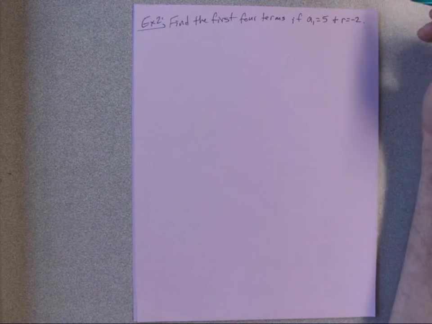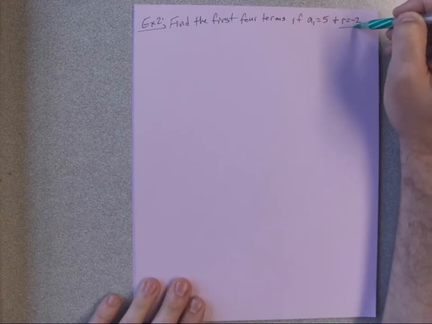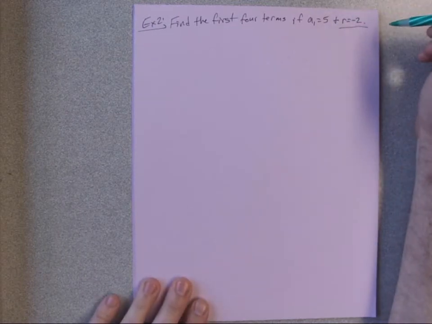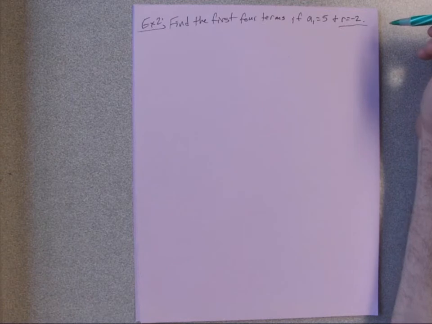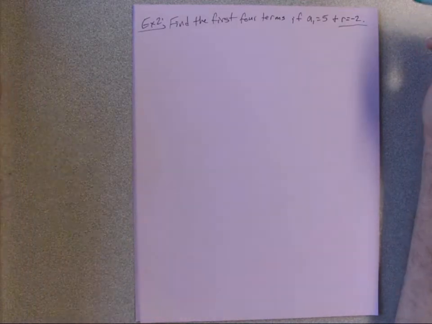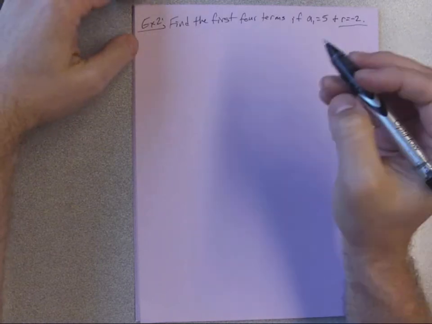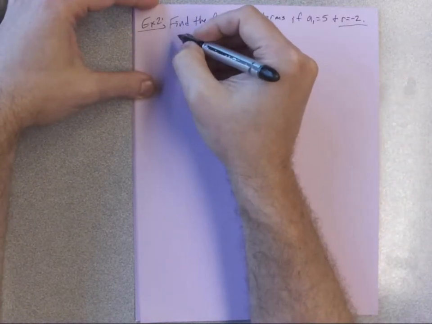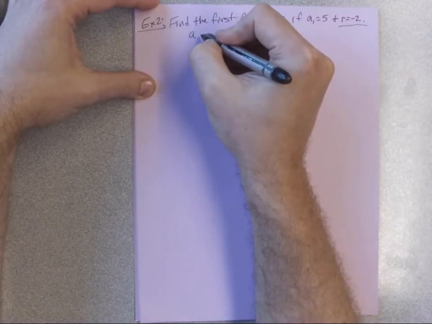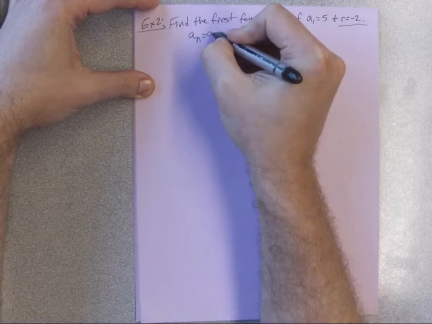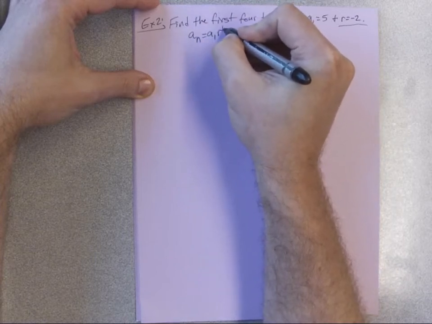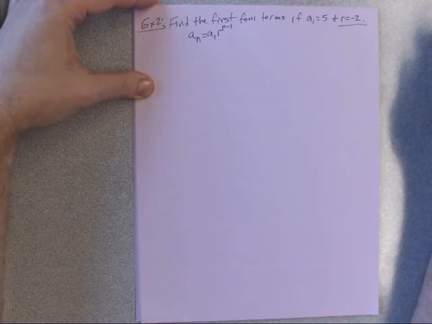The hint I gave you to know what formula we need to use is I gave you r. r means the common ratio, and that should immediately ping in your mind that you're going to be using the geometric sequence. So first thing you always do is write the formula. a sub n is equal to a1 times r raised to the n minus 1 power.